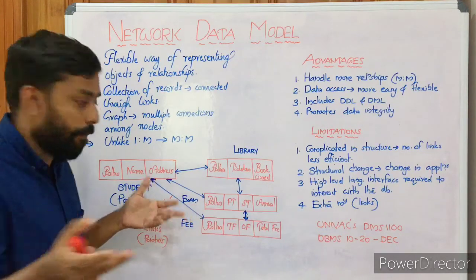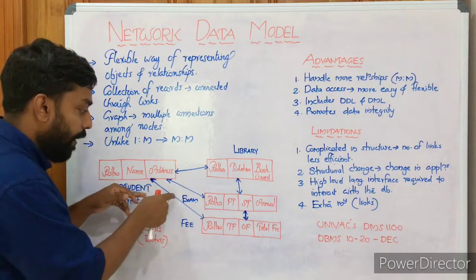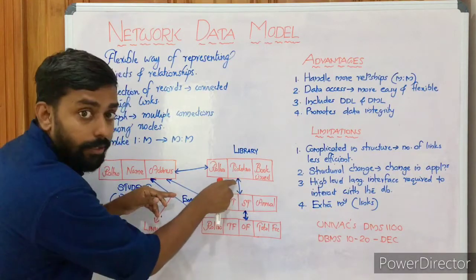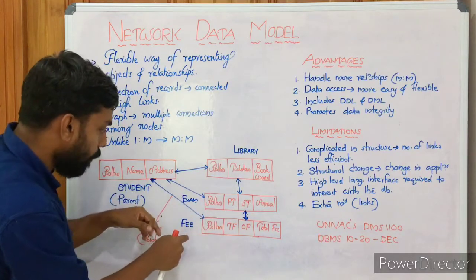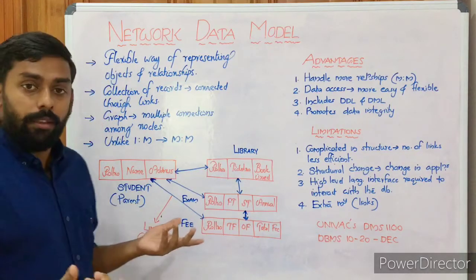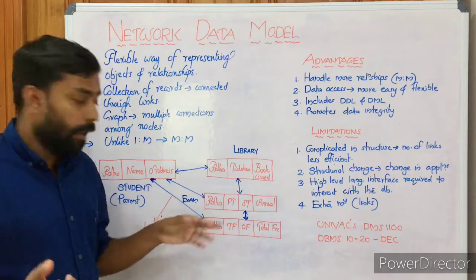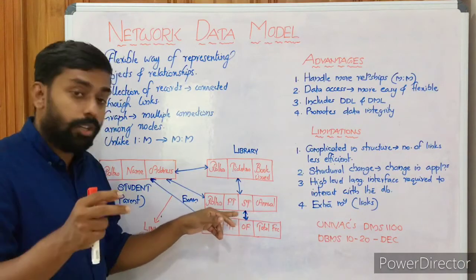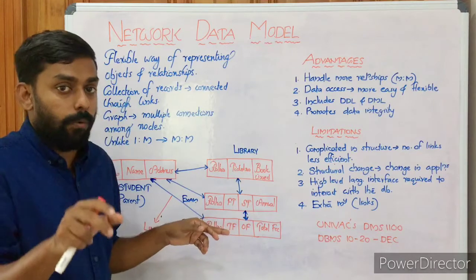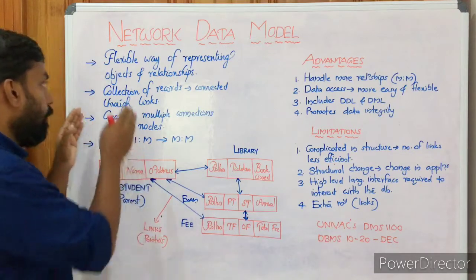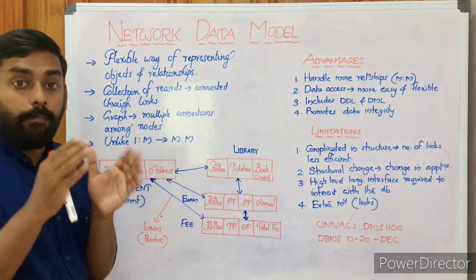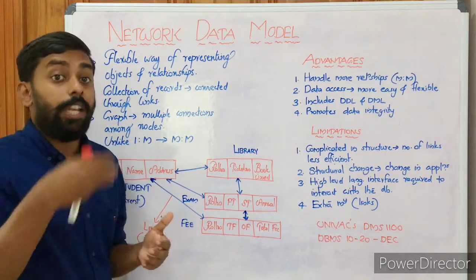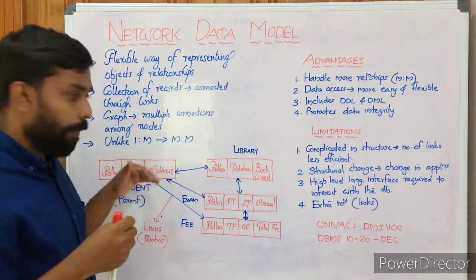And which are the parents of exam? Student is a parent of exam. Then you can see this one, right? Library is a parent of exam, and of course fee is also a parent of exam. See the arrow, it's bidirectional, meaning data flows to and fro, right? So here in the case of the network data model, it is m to n, many to many relationship. Hope you get it.